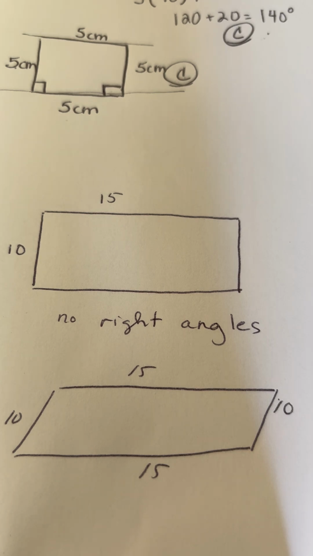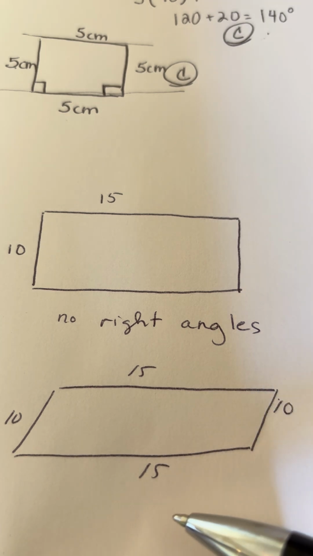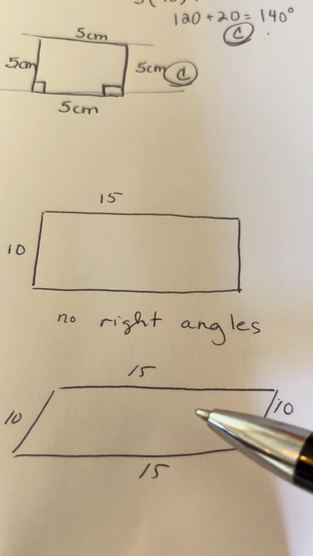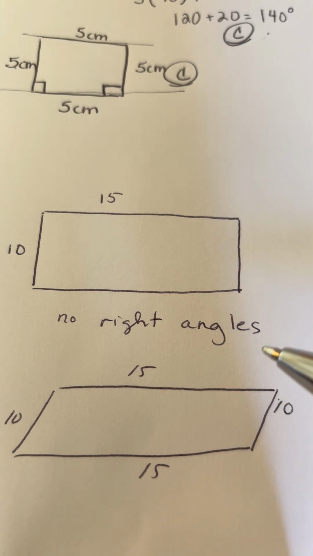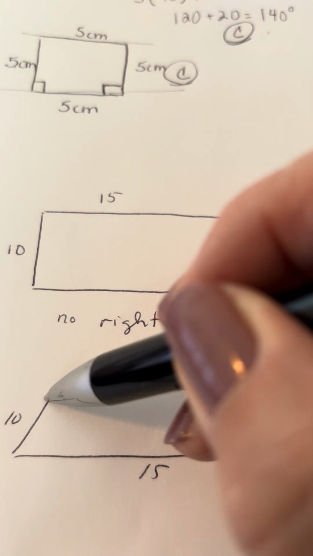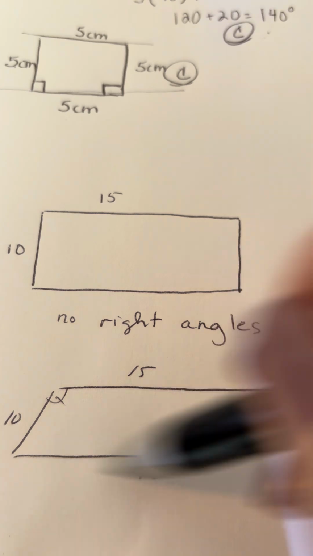A parallelogram. This is when you have opposite sides that are parallel. So that's what this one would be, because this one has opposite sides that are the same length, and the opposite angles are equal. They're saying this angle equals this angle, which is what's going to cause this to be parallel.